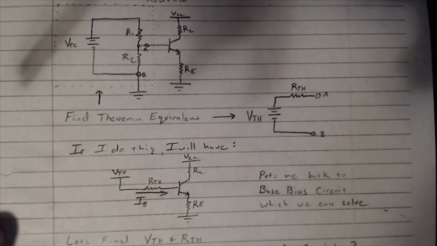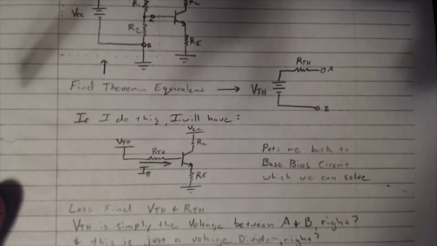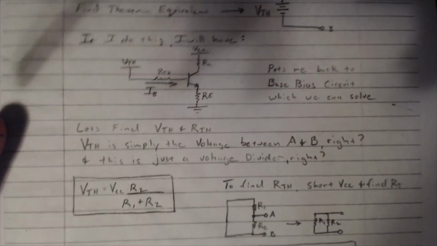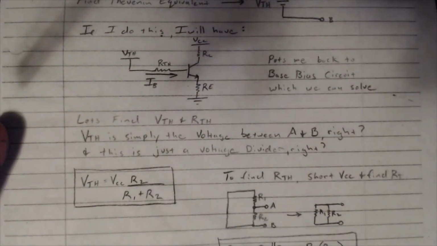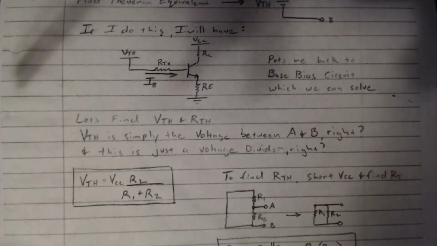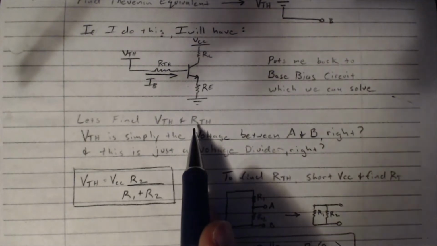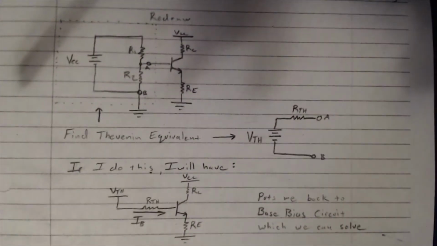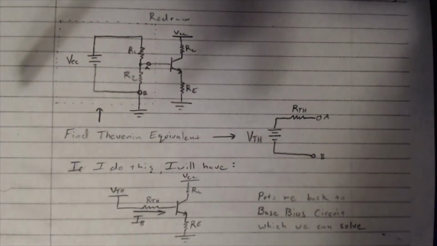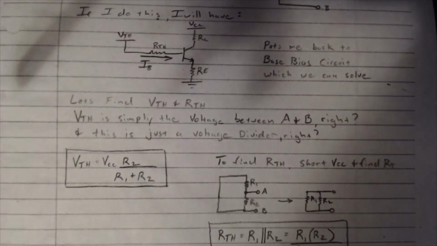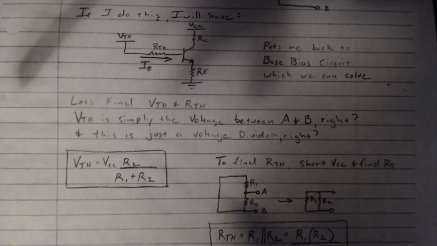Okay, so enough talking about the motivation and what we're doing. Let's go ahead and just figure out how to do this. What we need to do is find the Thevenin voltage and Thevenin resistance for this circuit, right? Now, remember what the Thevenin voltage is defined as.